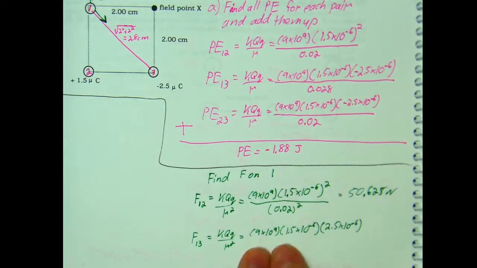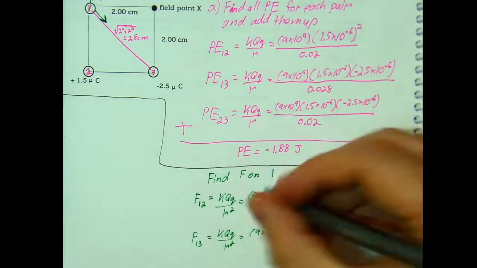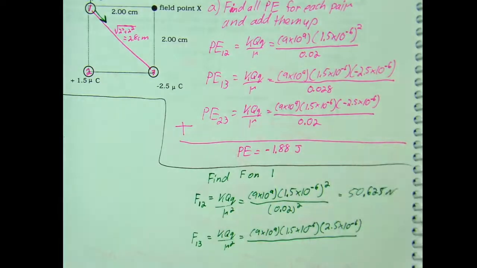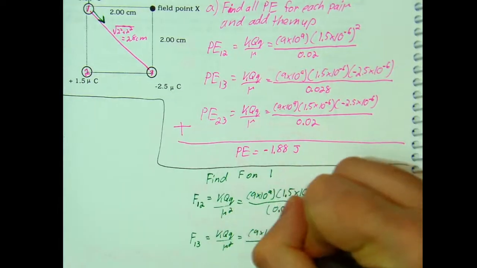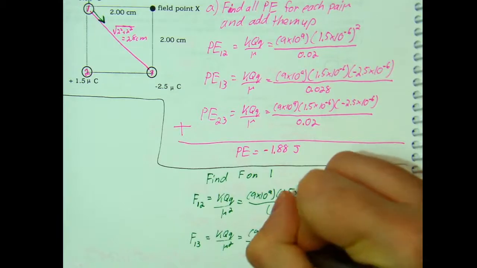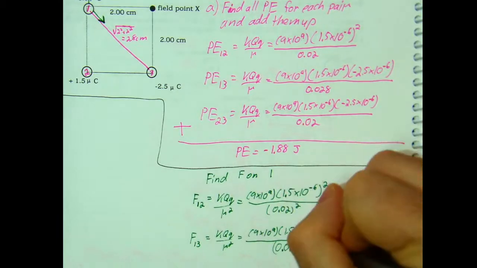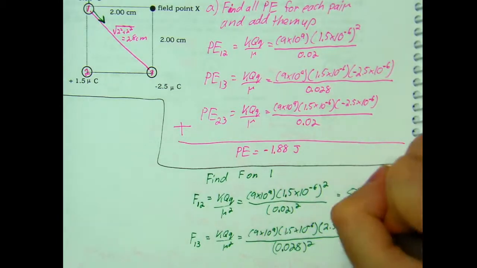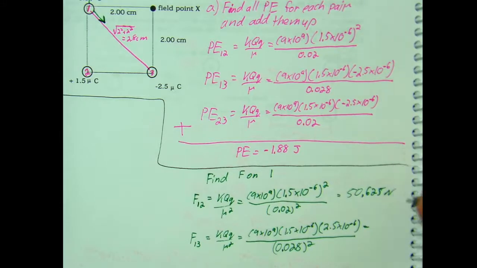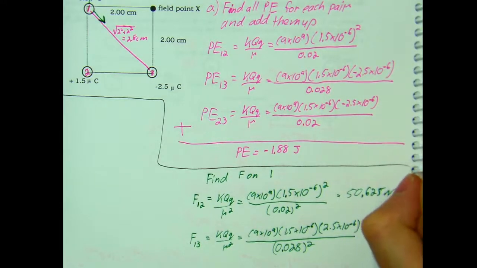Again, with forces, we do not include the positive and negative. We just use the positive and negative to give us the directions. And the distance we already calculated from the previous part, 0.028. Square that. If you do that, you'll see that the force between 1 and 3 is 43.048 newtons.